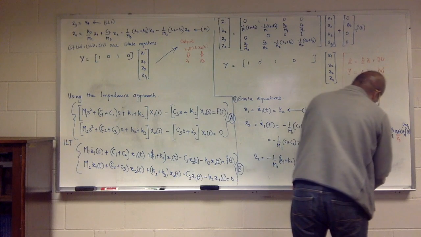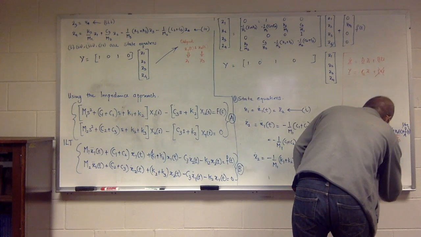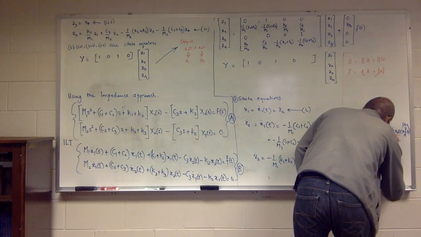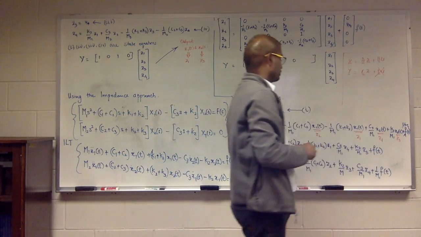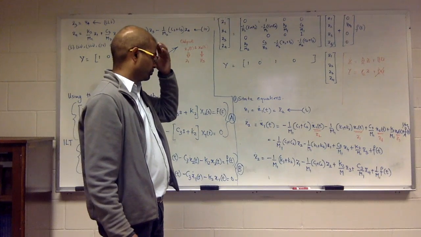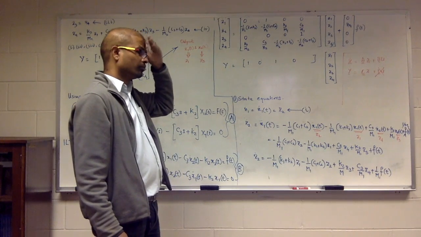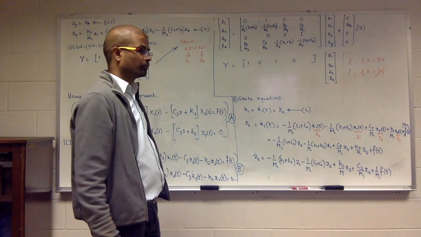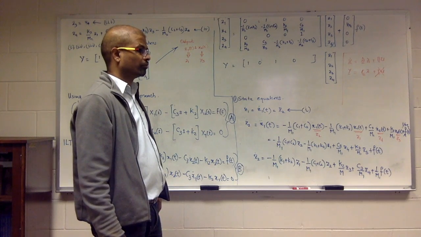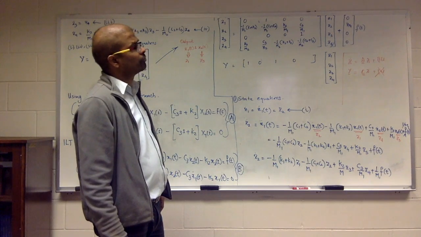You see how you put all the things in matrices? That 1 over M1 is with F of t, so it has to have its own matrix entry. I'm saying why is that F of t right there in just the second row? Why is that on the second row?